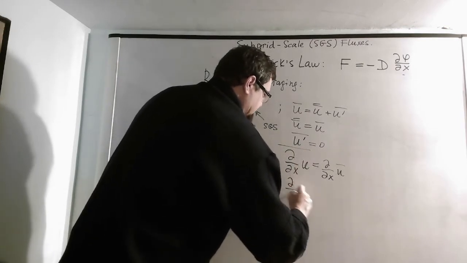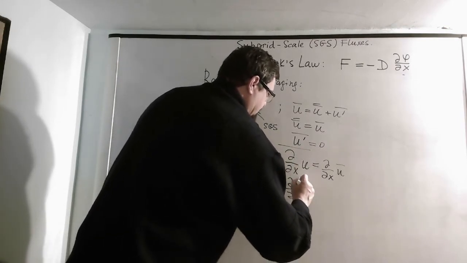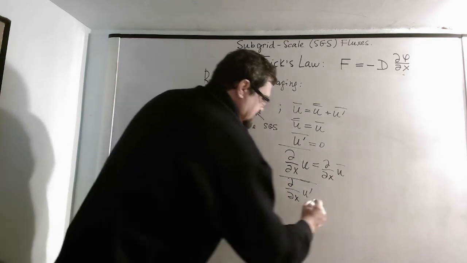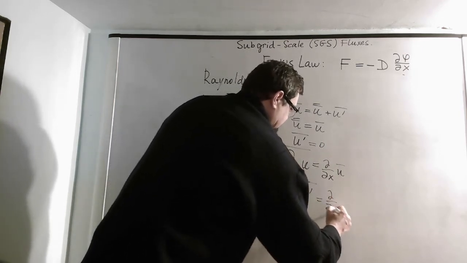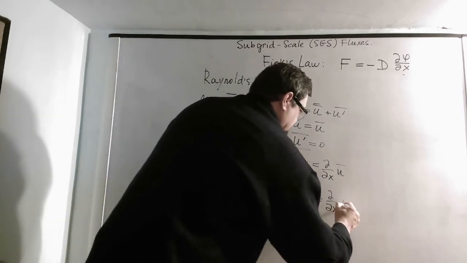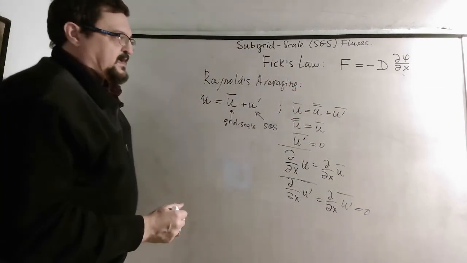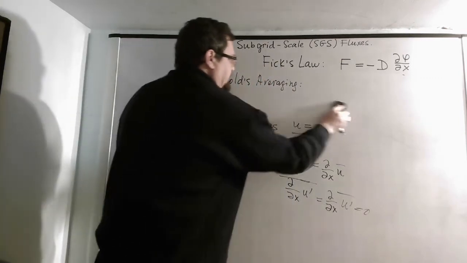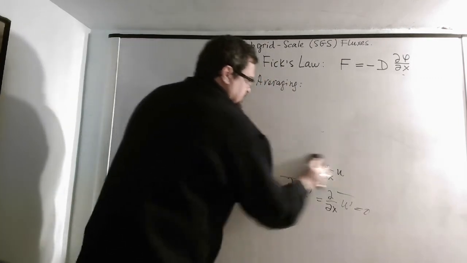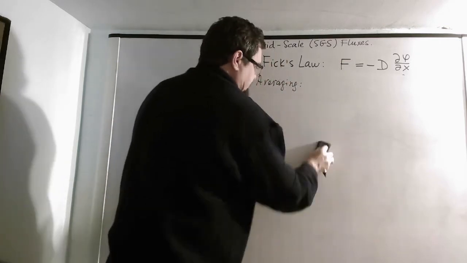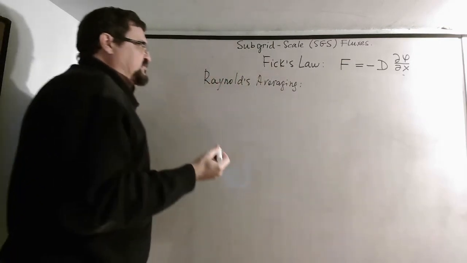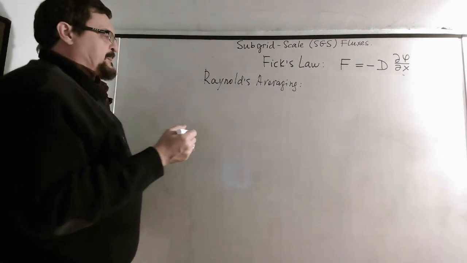In other words, d/dx of u prime equals, according to this rule, d/dx of u prime average, which equals 0. So now let's consider some kind of binary quantities which can be viewed as flux.